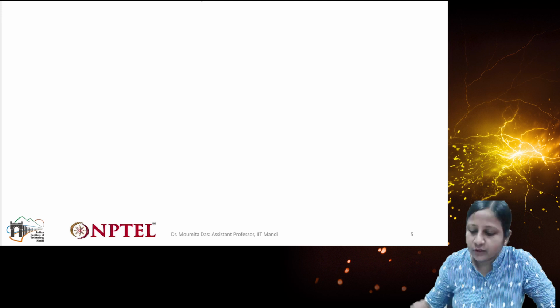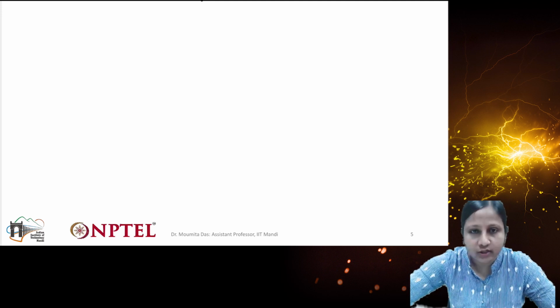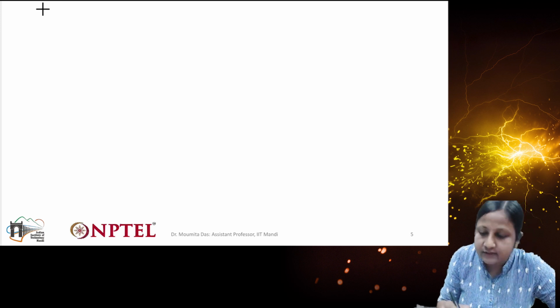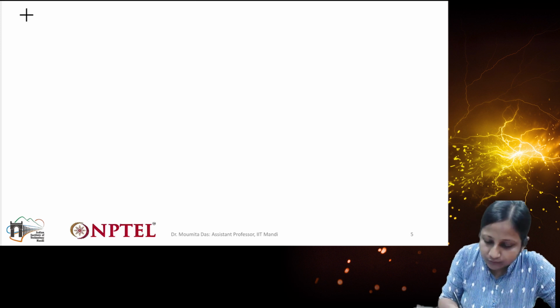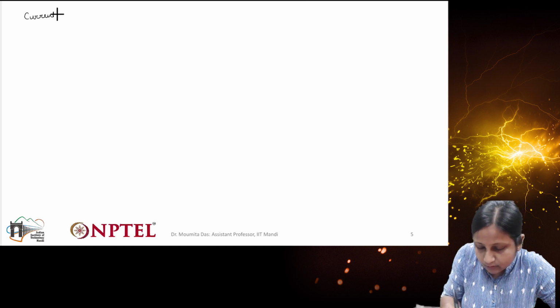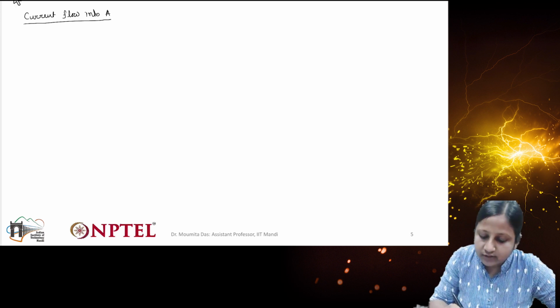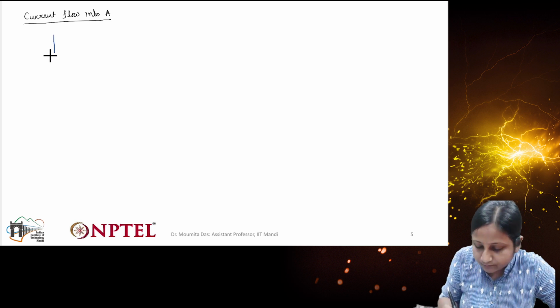Now let me draw the condition where the current is entering into the midpoint, so current flowing into A. The circuit diagram remains the same as this one.